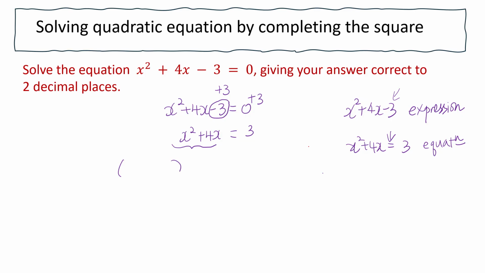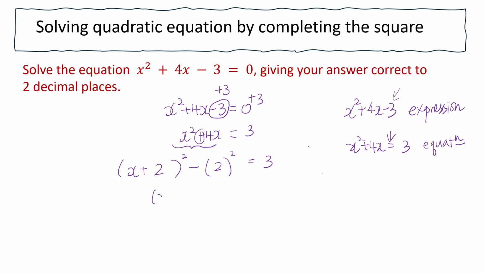So you have to remember, it's something squared, then minus something squared. So what is that? That will be x plus, the sign is plus, and then 4x, 4 divided by 2 is 2, then minus 2 squared. Okay? Right.